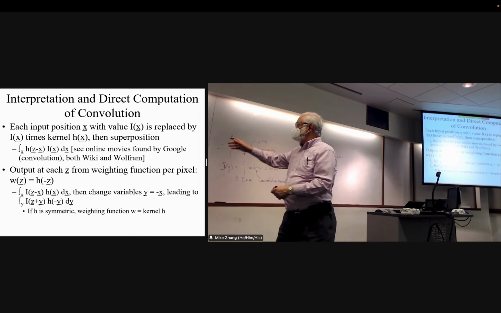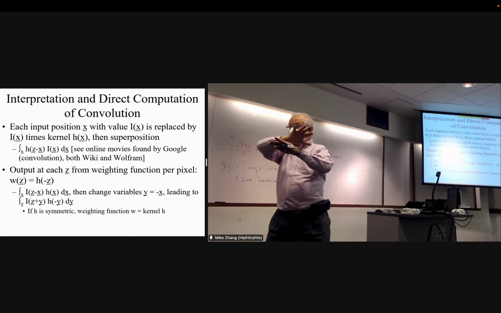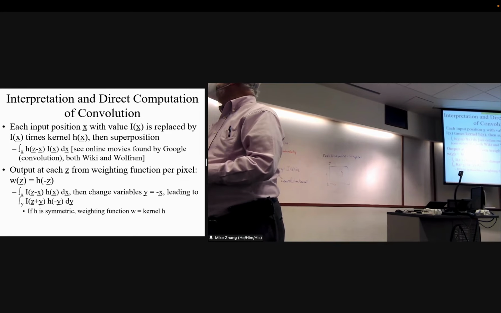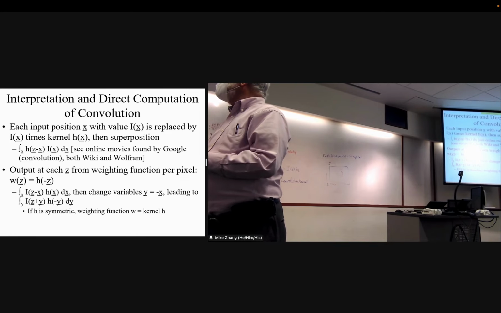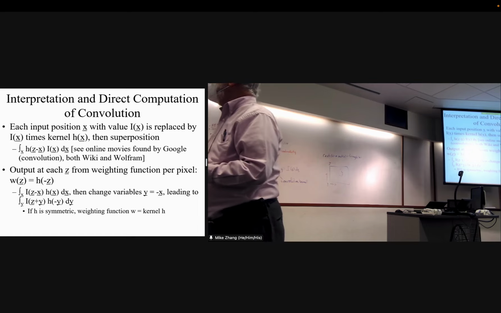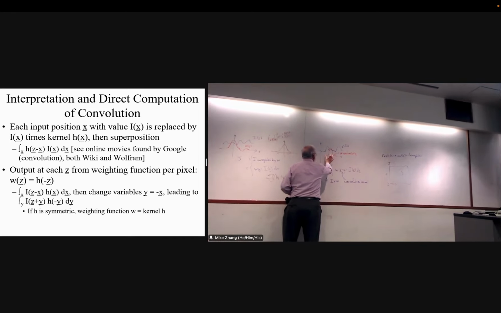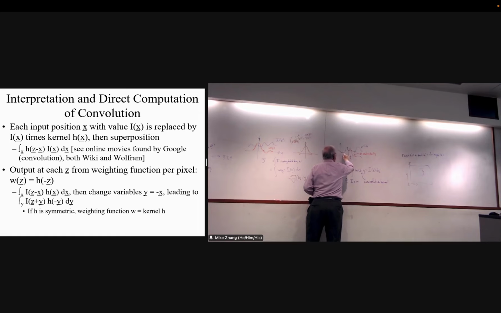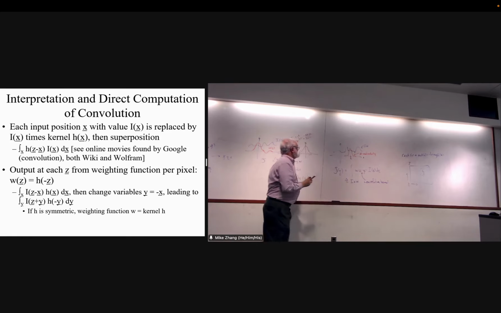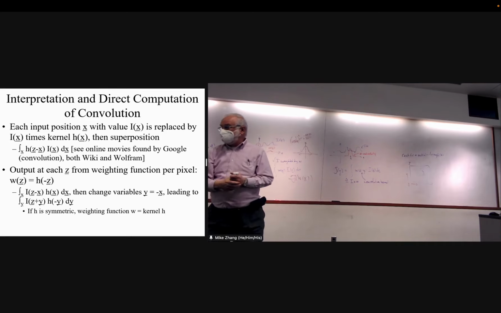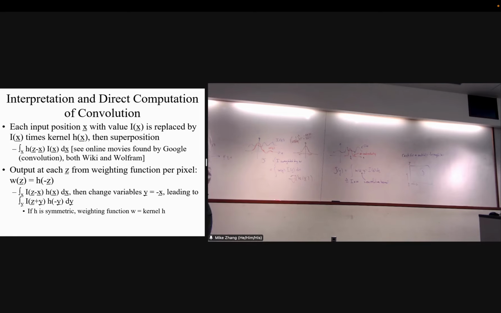And you'll see the same thing of a kernel moving around X. And the point is that we take this and superimpose it on I, and multiply it element by element, position by position, X by X. This is X. And then we do that for every possible Y, and we get a curve. Okay?